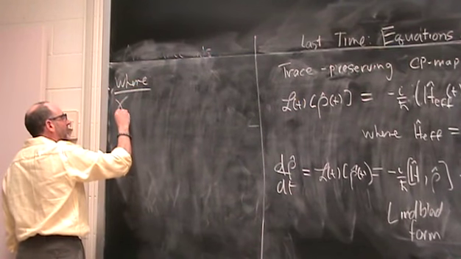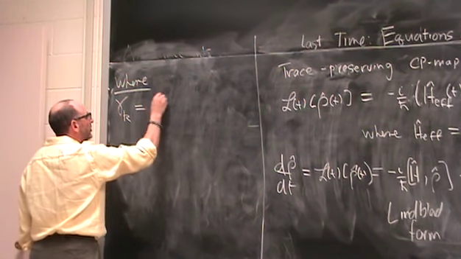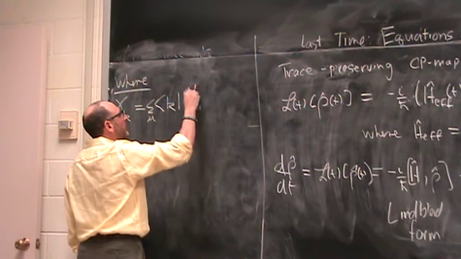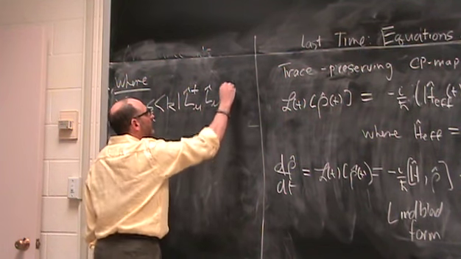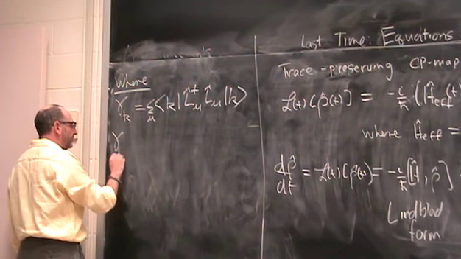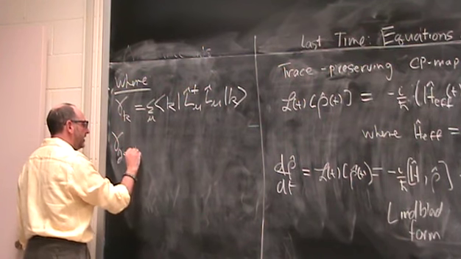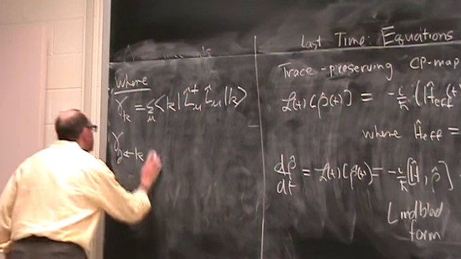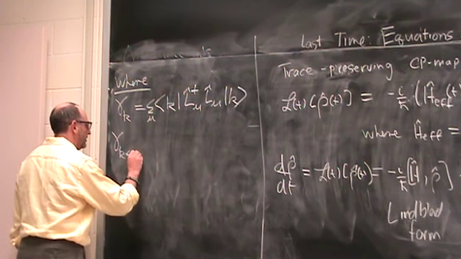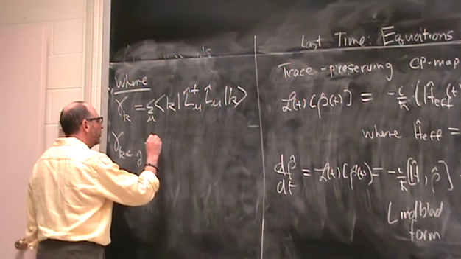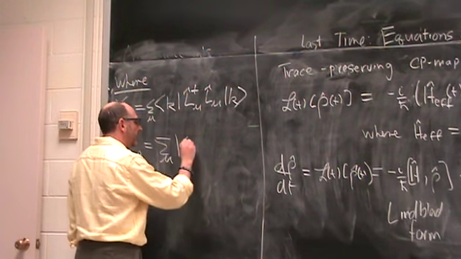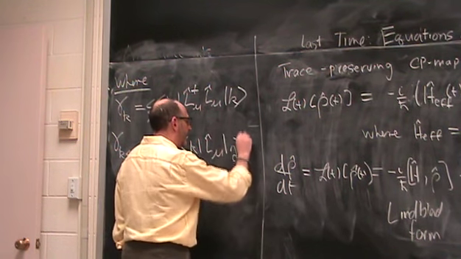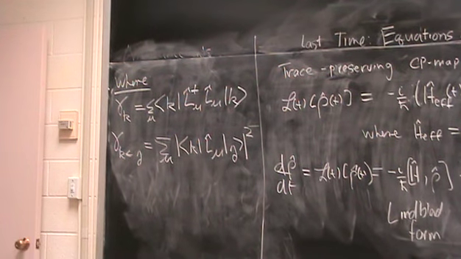my gamma sub k is equal to the expectation value in the state k of the sum over mu L mu dagger L mu, and the transition rates from k into j, or from j to k, the way I've written it, is equal to the sum over mu of the absolute value of the matrix element of the Lindblad operator between those two states squared.